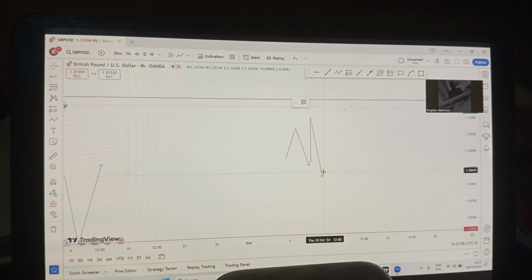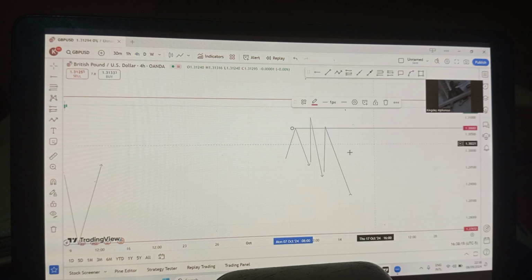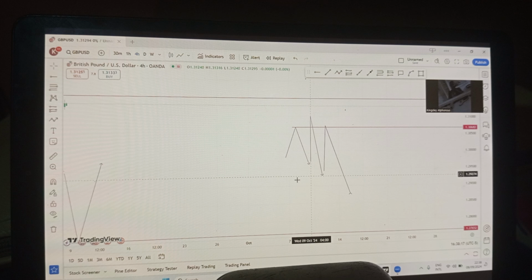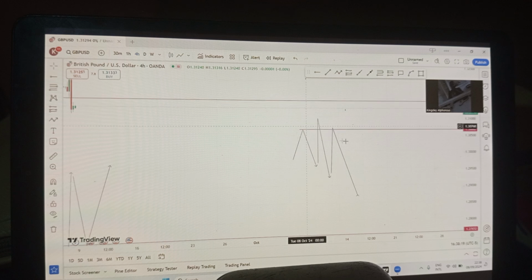Then we expect a sell from that same zone that got disrespected. Something like this. So this is what we call a QMR entry.